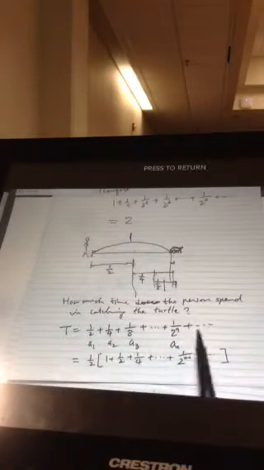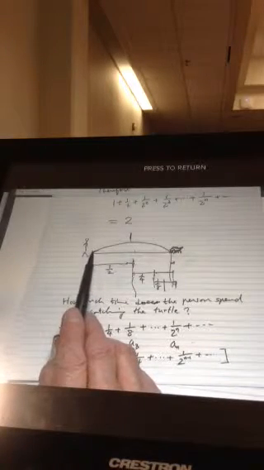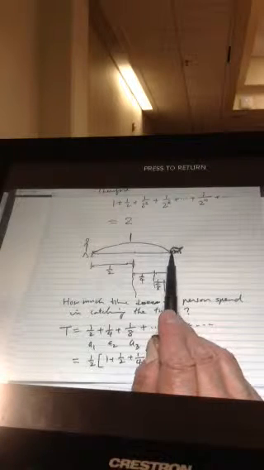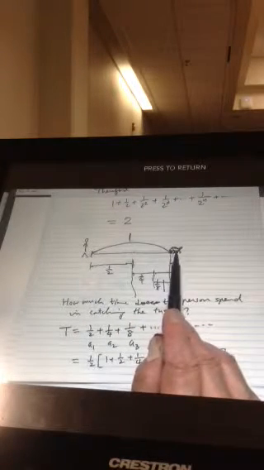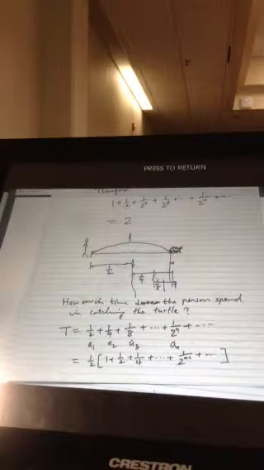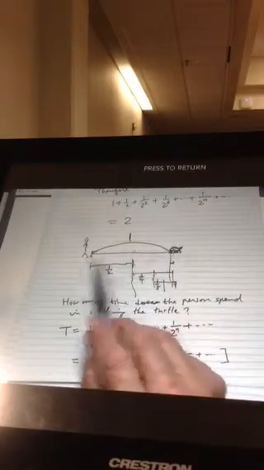So for all this time that I spend, I only go from here to the original position of the turtle. So I never catch the turtle because the turtle is already ahead, even if it's only 1 meter. I still didn't catch it. That's the idea of this infinite, that you can never catch it.